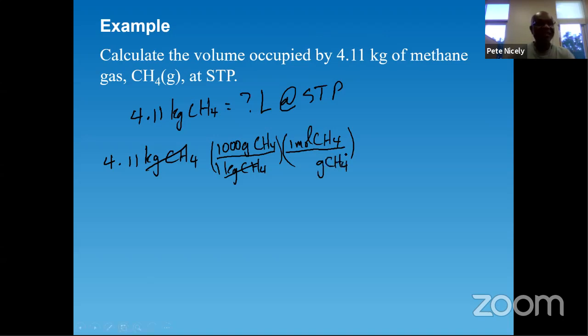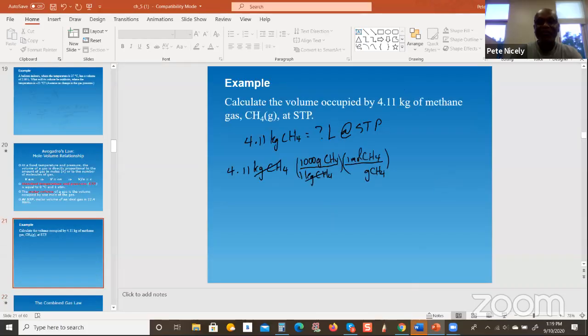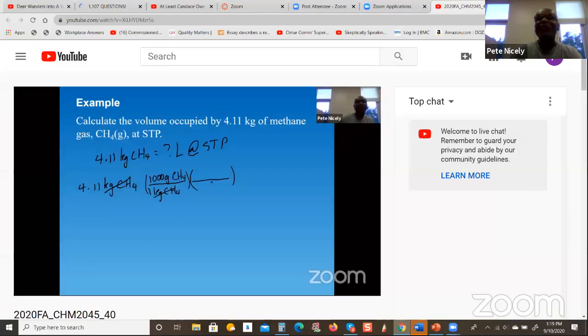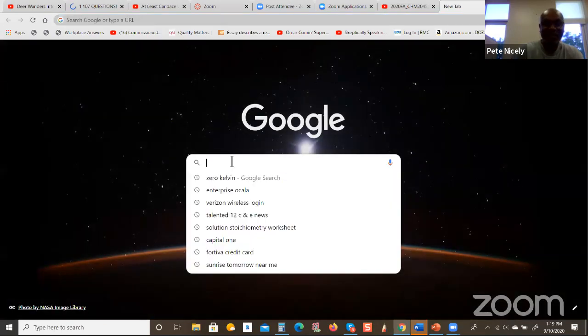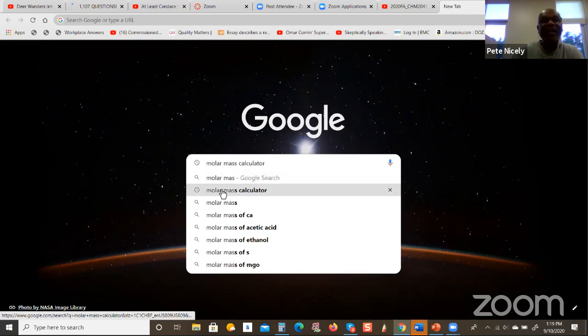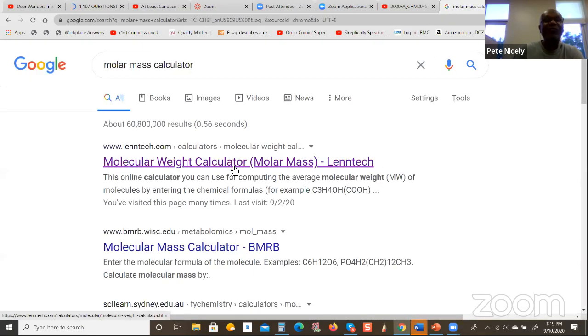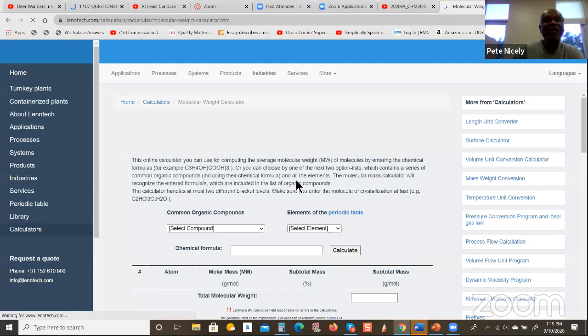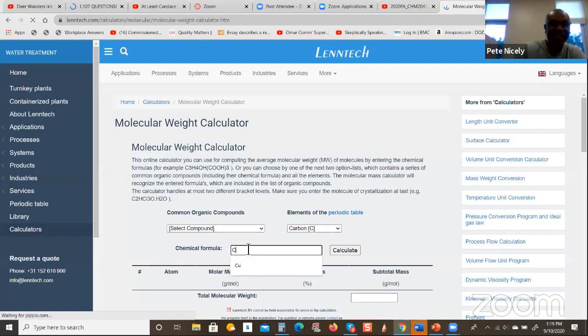And of course, being the lazy person I am, I'm going to go to my trusty molar mass calculator, and I'm going to plug in the formula for methane, which is CH4.